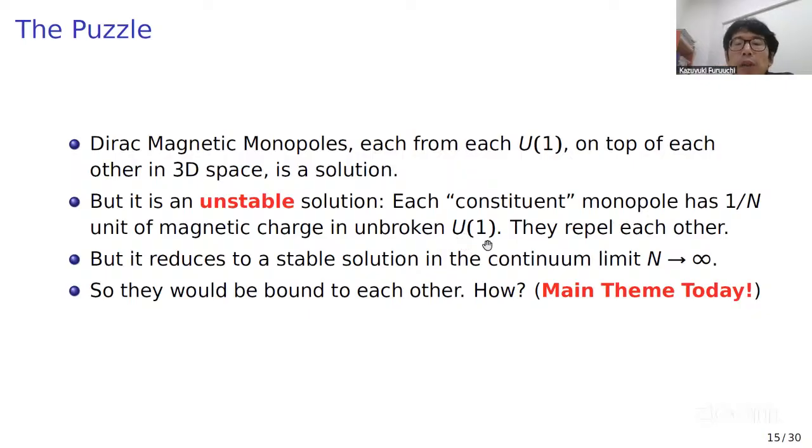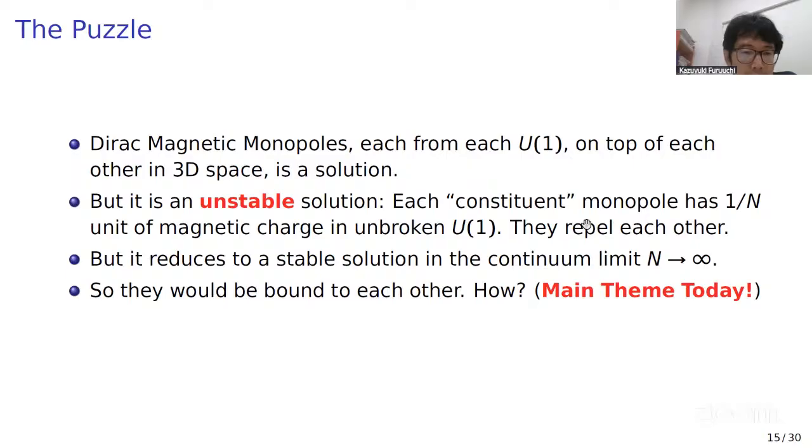But if you look microscopically, this configuration is made of monopoles with 1/n unit charge. So they repel each other, since they have the same sign. So the solution is unstable. When the monopoles are exactly on top of each other, you can't push, but if you move one a little bit, it will be repelled.